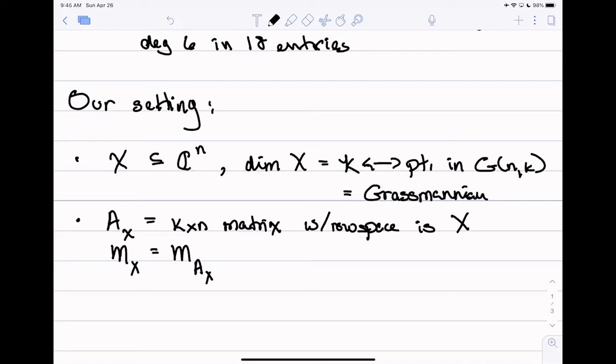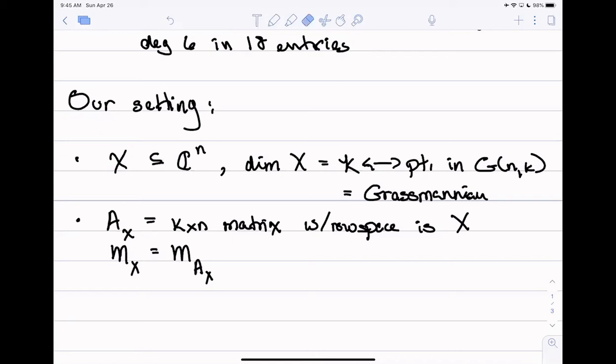Okay, so I look at the columns of the matrix and I declare a set of the column indices to be independent if the set of columns that they index is linearly independent. And you might say, hold the phone for a minute. Bases aren't unique, so I'm not going to get a well-defined matrix A_X for every subspace. And you're right, that's fine. But if I take a change of basis, let's think about what change of basis does to a matrix. It's not going to vary the row space at all, right? Because it's just a change of basis.